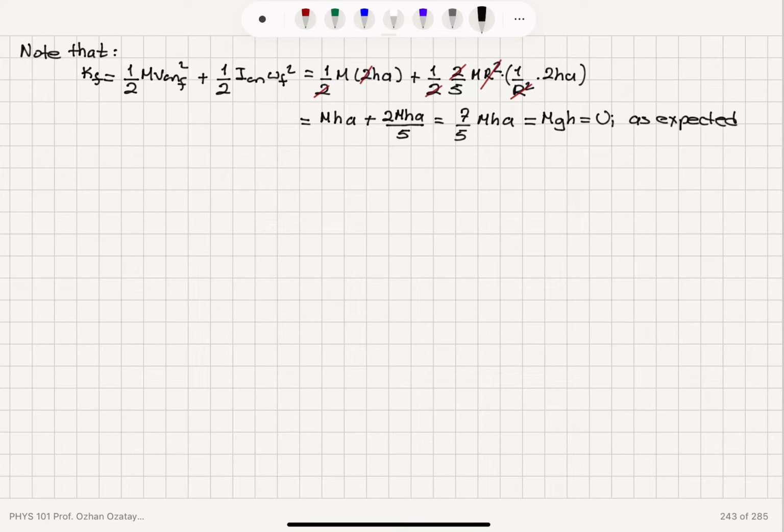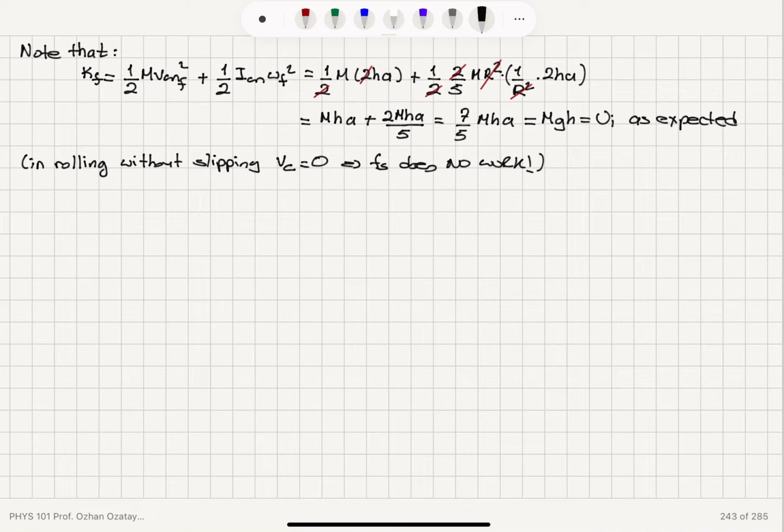Because the static friction does no work, we have the potential energy turning into kinetic energy. So we can note here in rolling without slipping, we have the velocity of the contact point Vc equal to 0, so the static friction does no work.